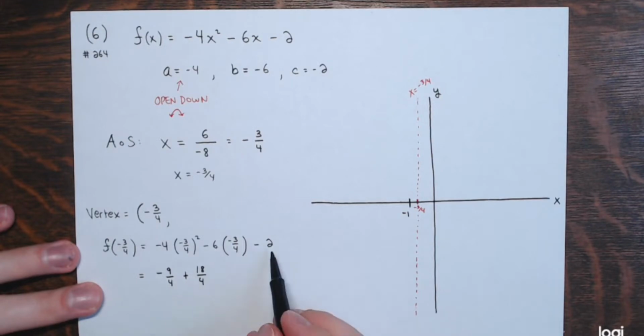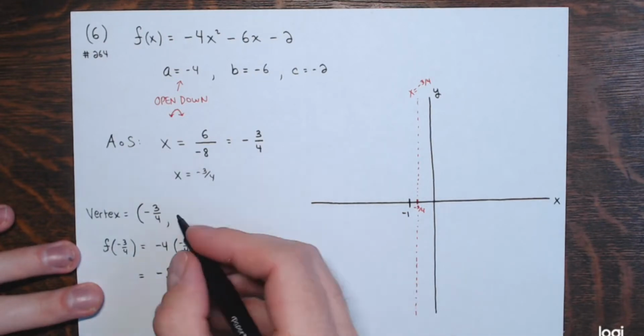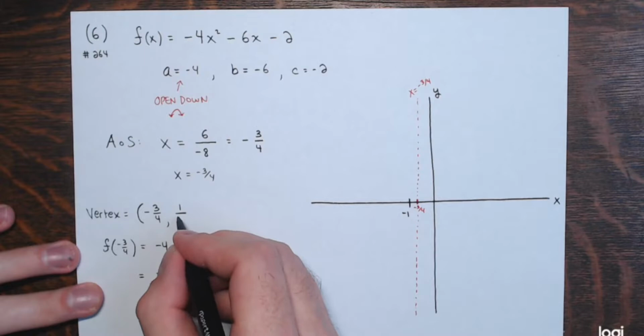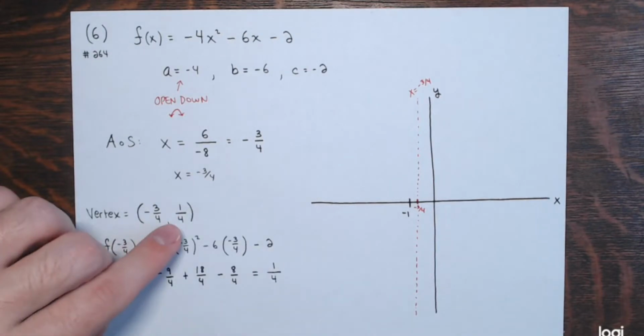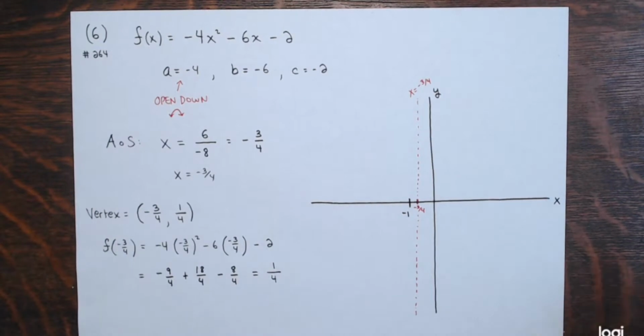And then 2 is 8/4, minus 8/4, just getting everything to have the same denominator. Putting them all together, we get this common denominator of 4, and negative 9 plus 18 is 9, minus 8 is 1. So input negative 3/4, or negative 0.75, output is positive 1/4.